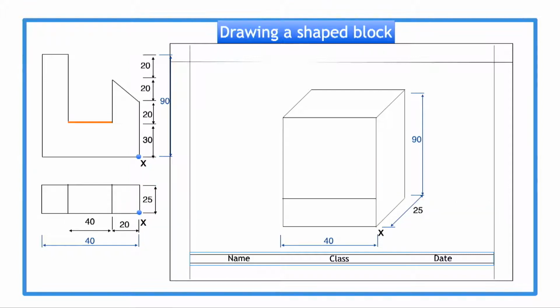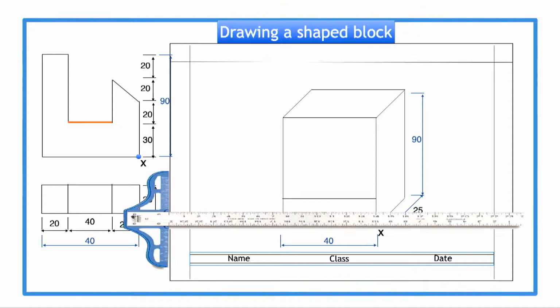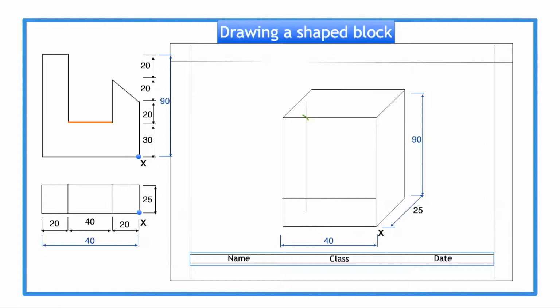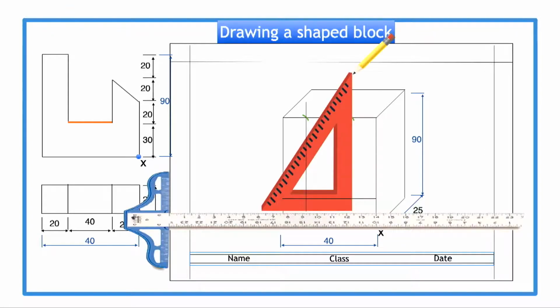We mark off the width of the additional details, 20 millimeters, into the width of the crate. From the top corners we add the vertical construction lines. From the next corner as well, as such.